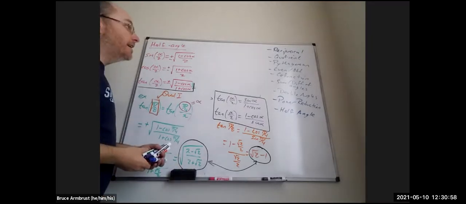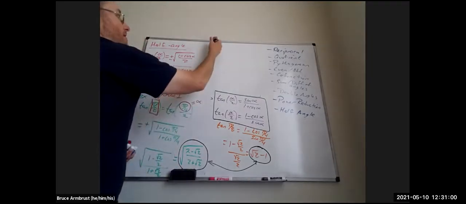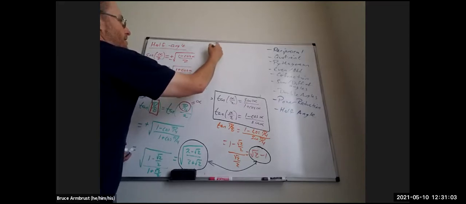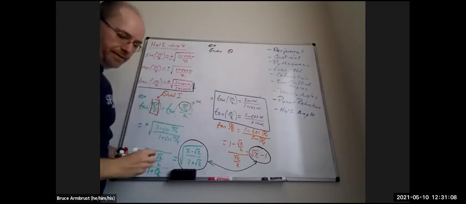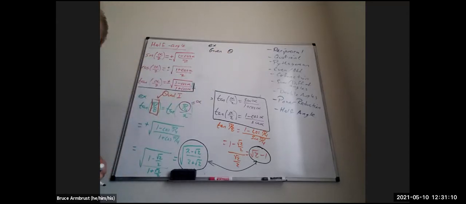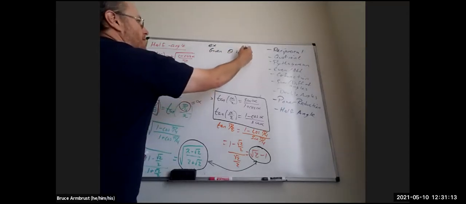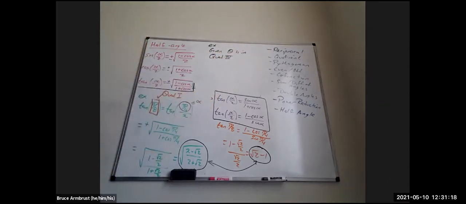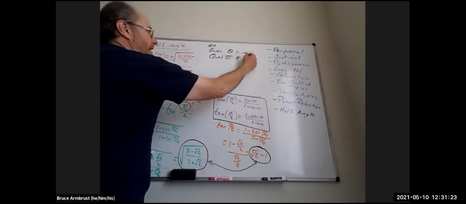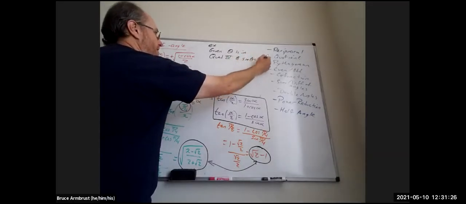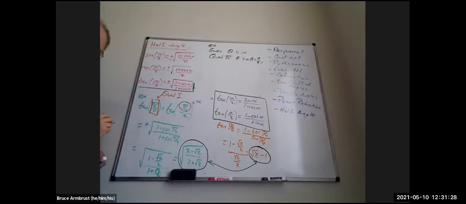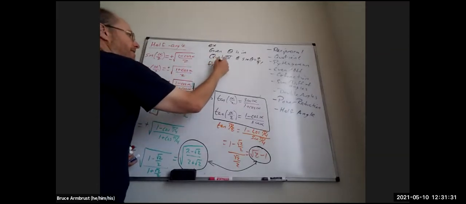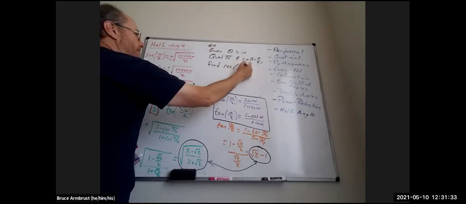All right, so here's what we know. Given that theta is in quadrant 4, and that the sine of theta equals 7/9, I want to find the cosine of theta over 2.